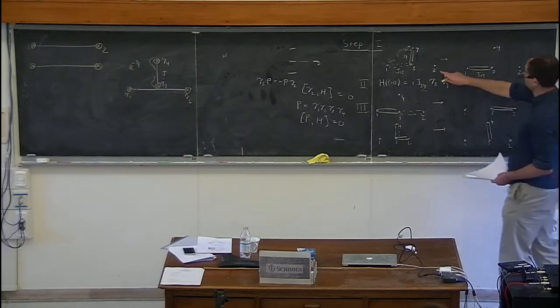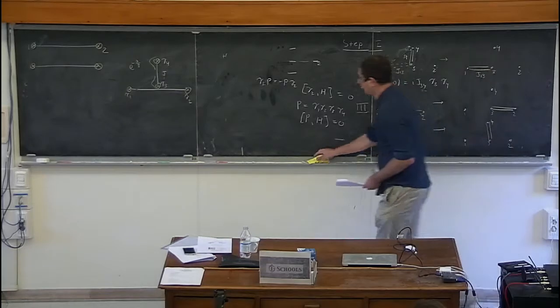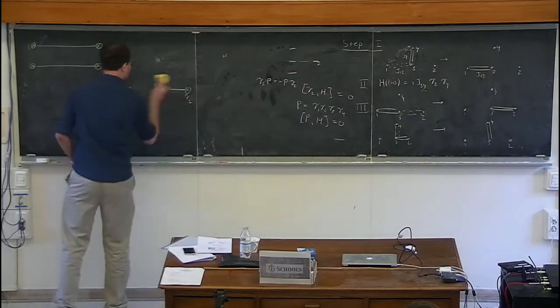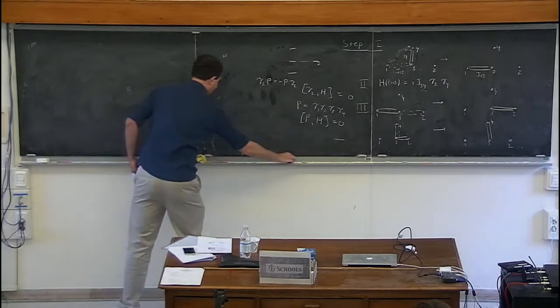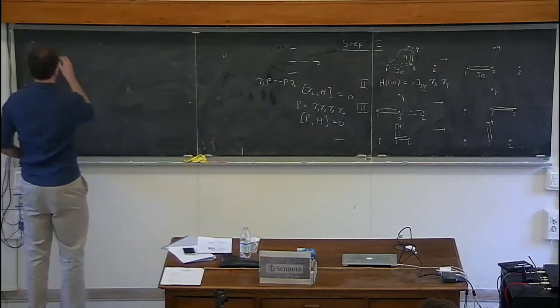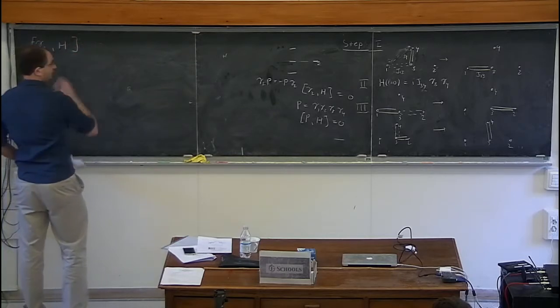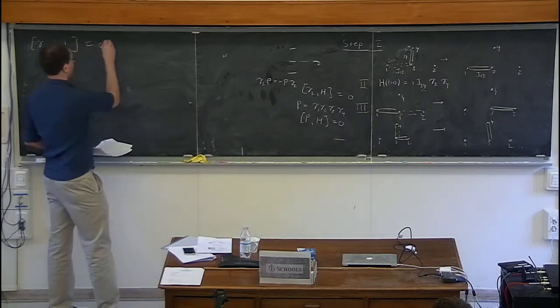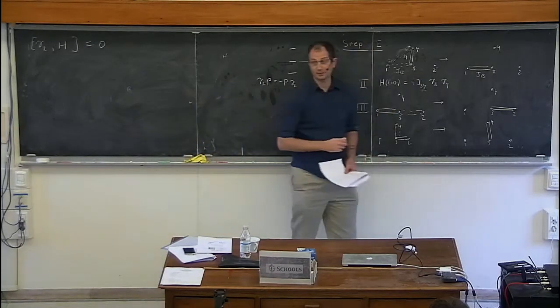So gamma 2 is always a zero mode throughout this process. Okay, so throughout process number 1, what happens is that gamma 2 always commutes with H. That's simply because gamma 2 doesn't appear in any term in H of t throughout this step.